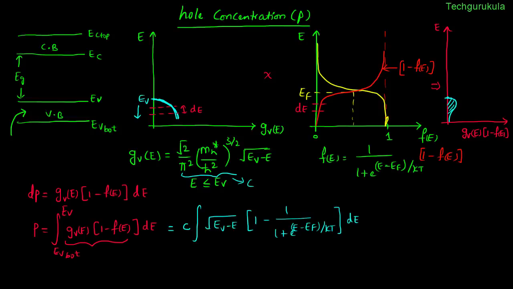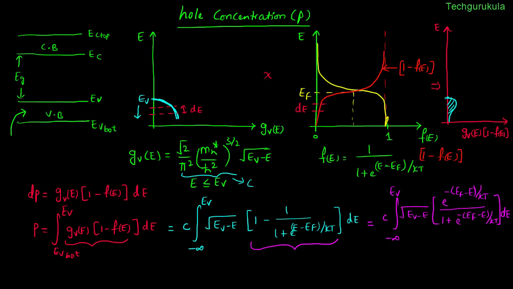But now the limits that we are going to integrate, EV bottom to EV, can be changed, because if we go below EV bottom, pretty much the area under this curve would be 0. So taking it from EV bottom or from minus infinity would be same. So we are going to integrate it from minus infinity to EV. Now rearranging this part of the equation, we can write this integral as this equation.